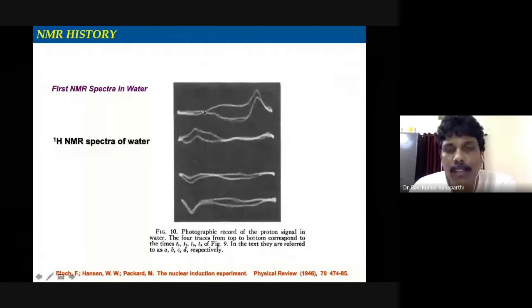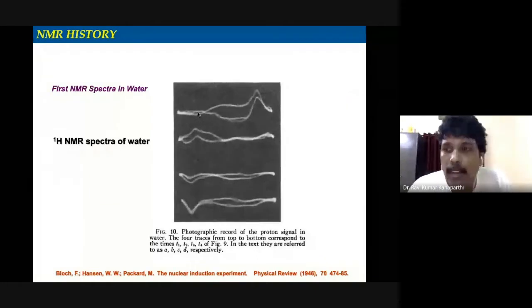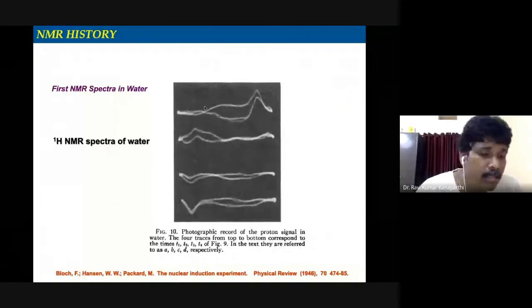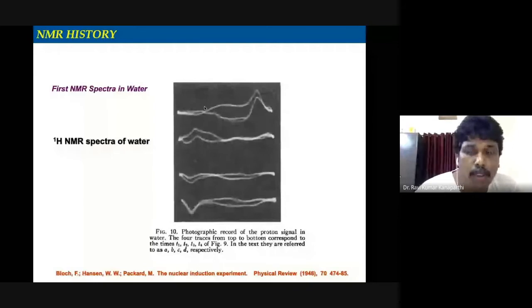Nowadays it may not be a very great discovery, but in those days there was not much electronics development, and semiconducting devices were not there, but still they could record a resonance signal of a molecule, which was actually a breakthrough.